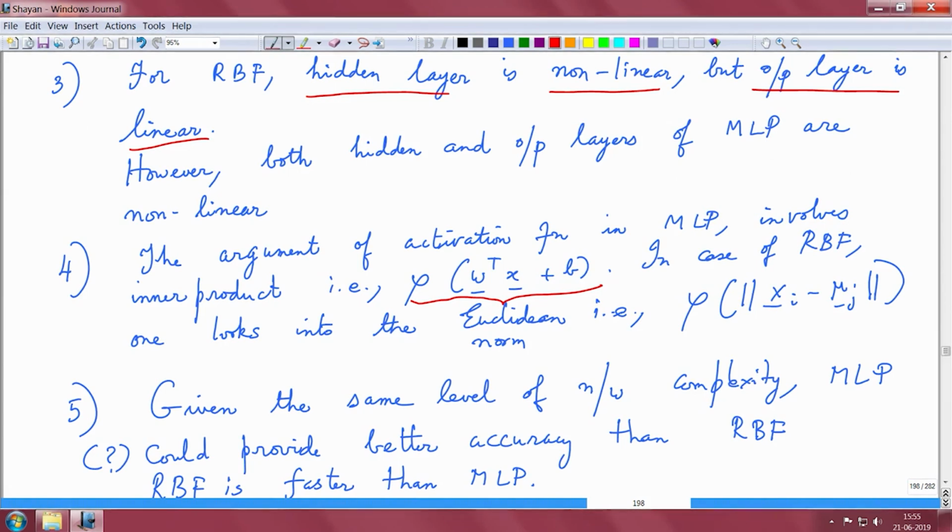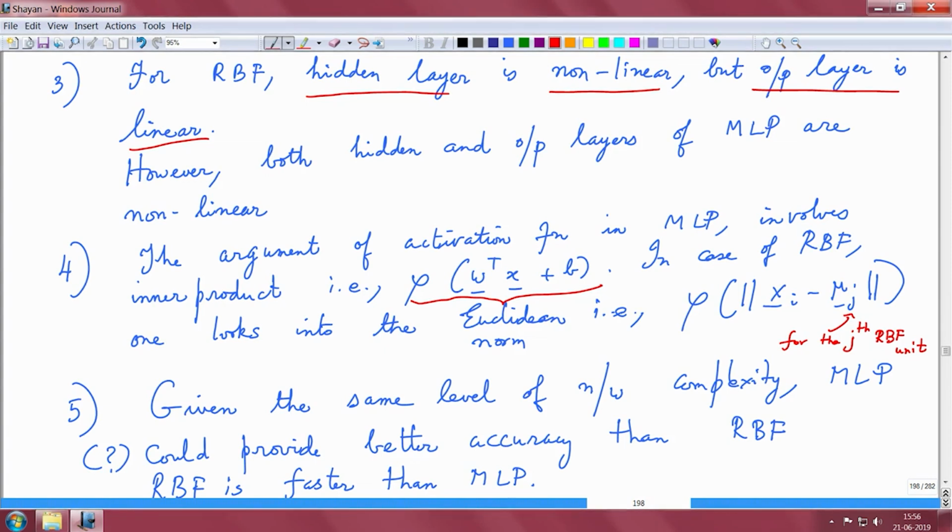This is not the case in the RBF, because we are looking into the Euclidean norm between the input vector and the mean or the parameter mu j for the jth RBF unit.